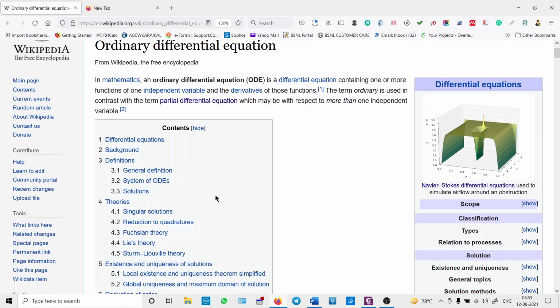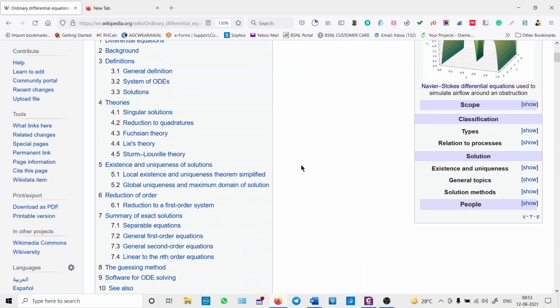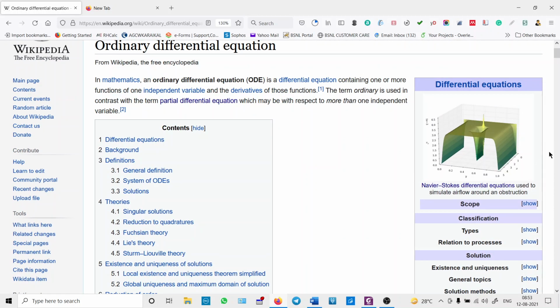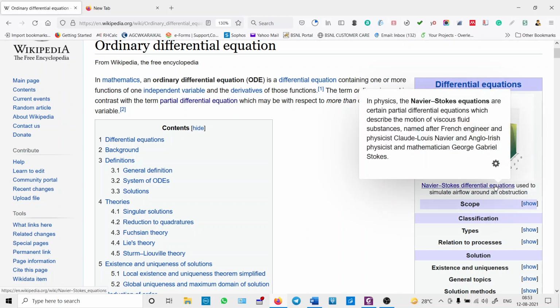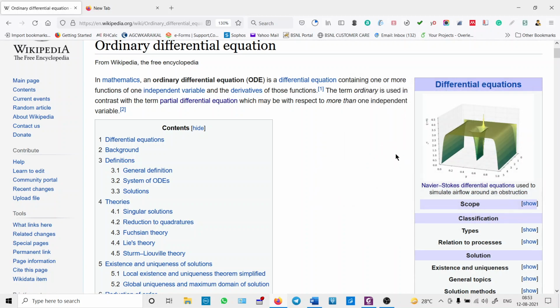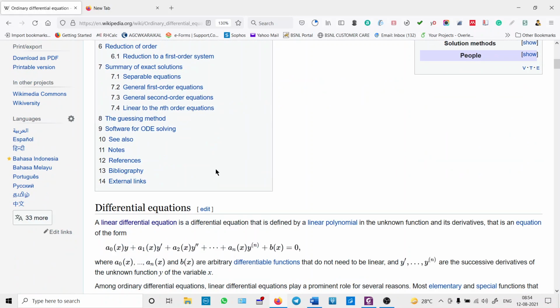If there are more independent variables, then we come to partial differential equations. Okay, this is an example. See the geometrical view. This is the Navier-Stokes differential equations, and this is the solution of the Navier-Stokes differential equations. You can visualize it, but that is a partial differential equation.